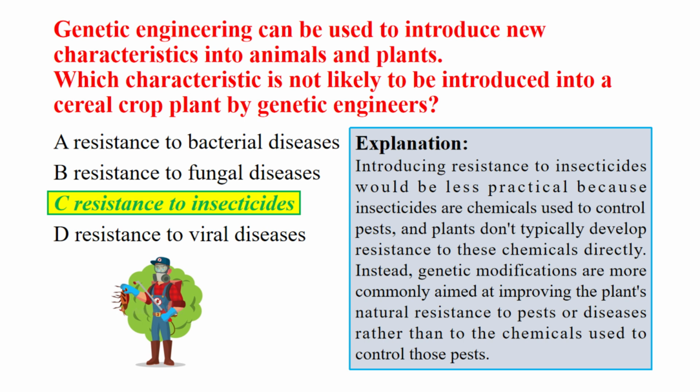However, introducing resistance to insecticides into plants is not a common focus. Insecticides are chemicals used to control pests, and plants don't typically develop resistance to these chemicals directly. Instead, genetic modifications aim to boost the plant's natural defenses against pests and diseases. So, the correct answer is C, resistance to insecticides.